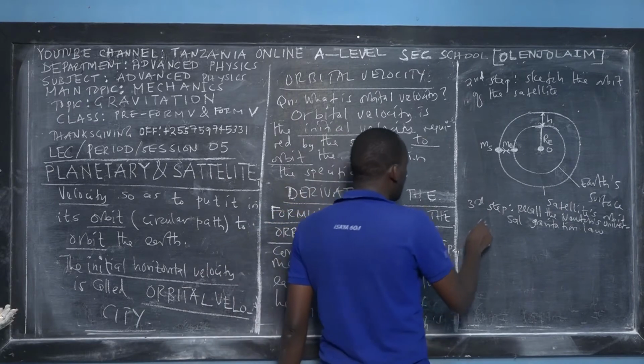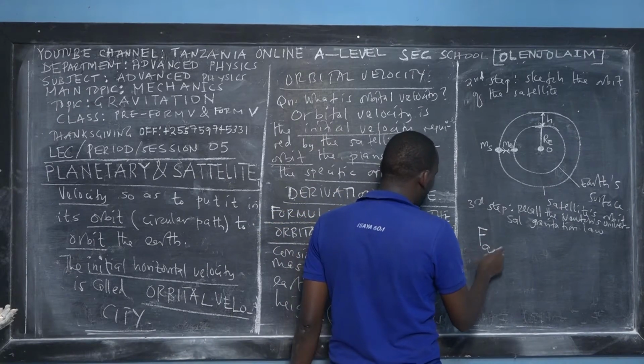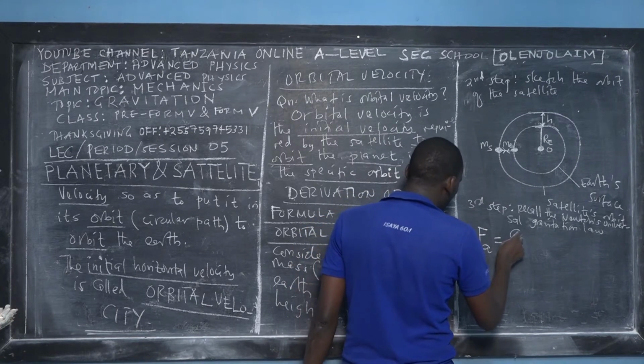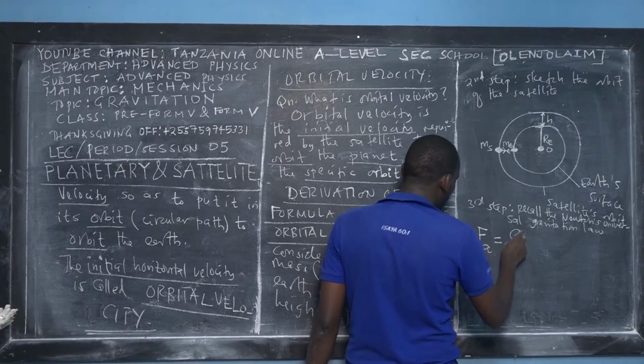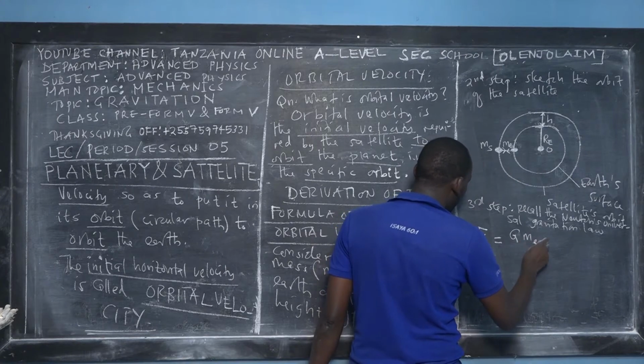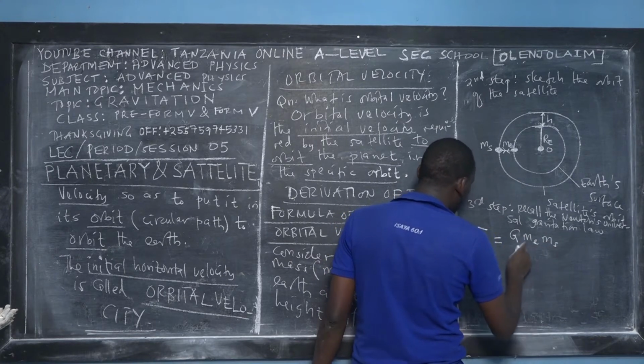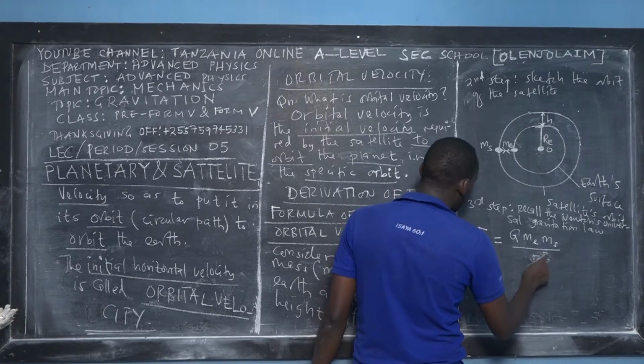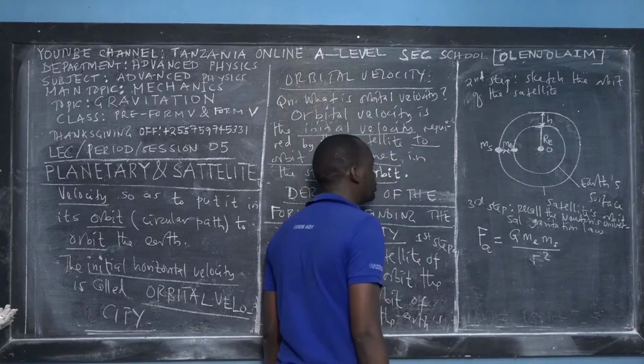According to this law, the force of attraction between the Earth and the satellite is given as the universal gravitational constant G multiplied by the mass of the Earth multiplied by the mass of the satellite, inversely proportional to the mean distance, or the radius, R squared. This is according to Newton.